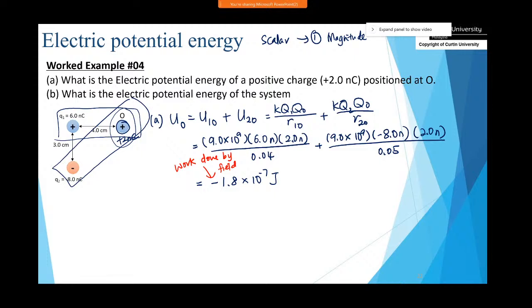Which means the charge, this 2 nanocoulomb, does not need to work hard in order to stay here. The electric field itself is welcoming the charge to stay here.